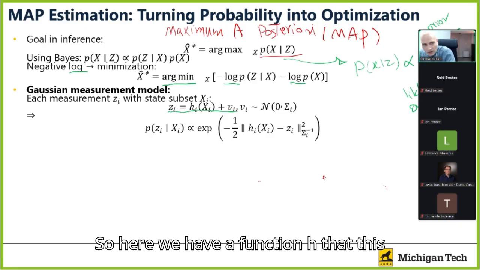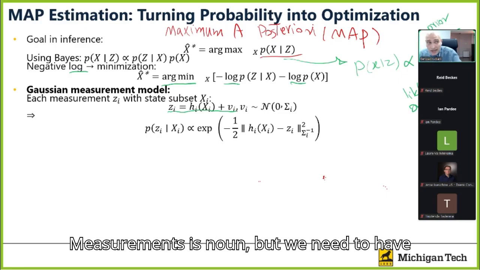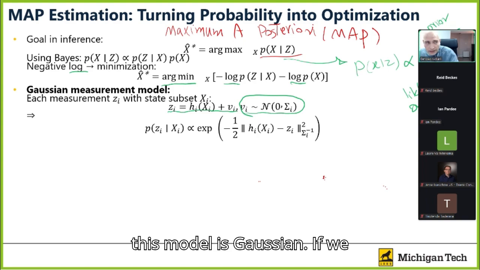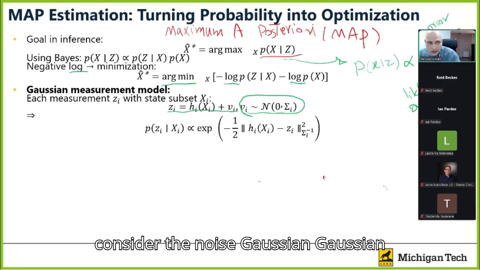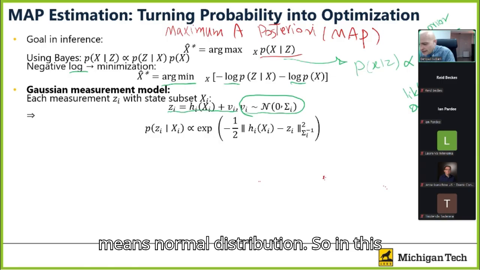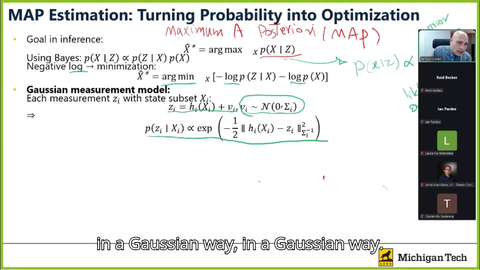Here we have a function h that translates state to measurement. The measurement is known, but we need to have a model for that. The point is that this model is Gaussian if we consider the noise Gaussian. Gaussian means normal distribution. So in this case, we can write the likelihood of z in a Gaussian way.